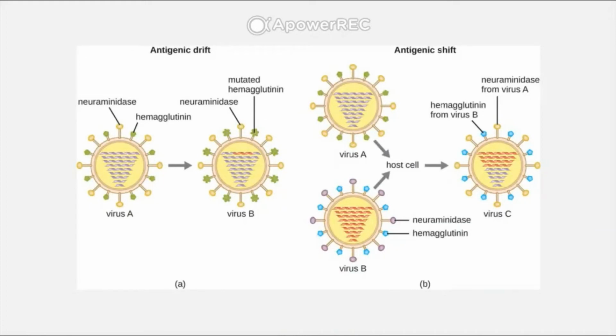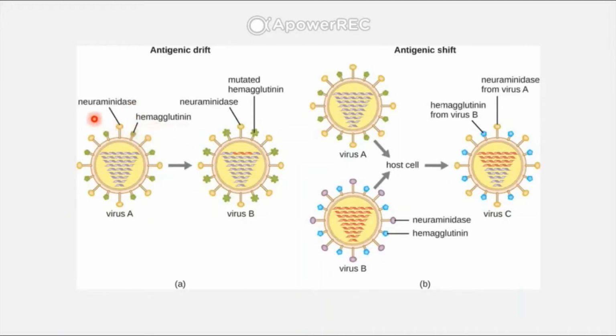In this image, you'll see two different mechanisms. You'll see the antigenic drift, which happens here on the left side of the image, and the antigenic shift, which happens on the right side of this image. Antigenic drift is more of a gradual change where natural mutations occur over time that lead to minor alterations of a outer surface mark.